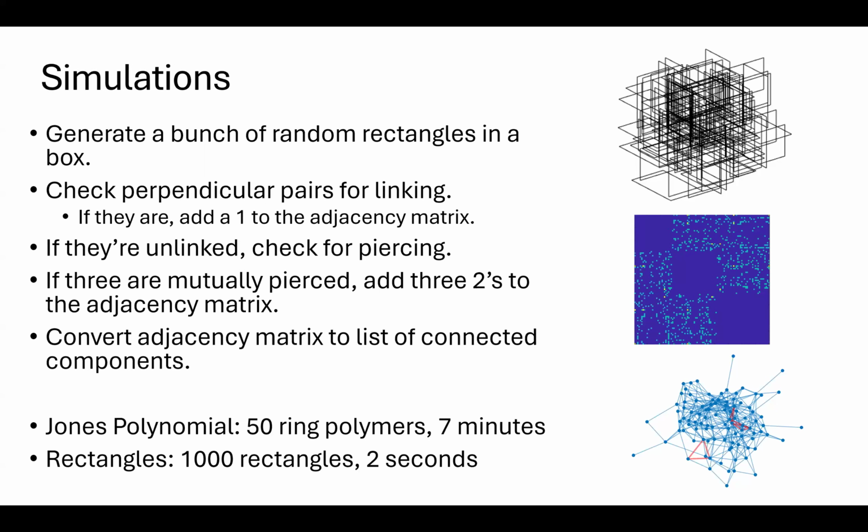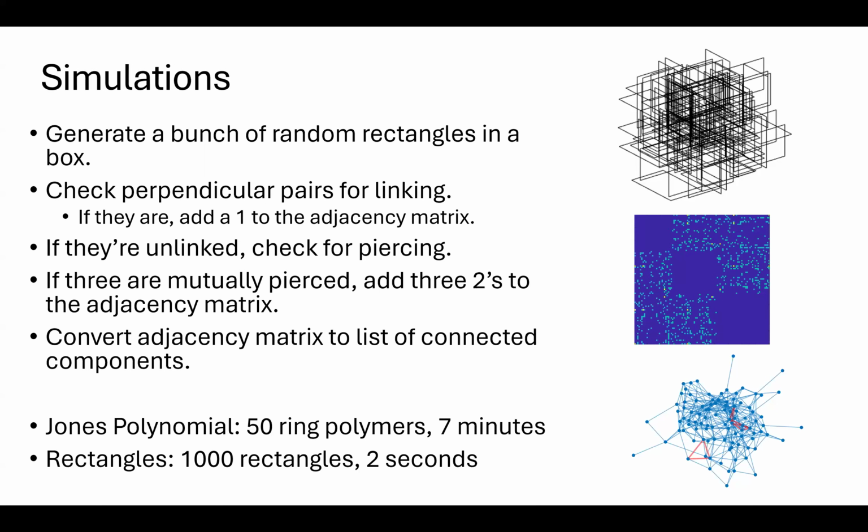All we have to do is generate a bunch of random rectangles in a box and then check every perpendicular pair for linking. If they are linked, we add a 1 to an adjacency matrix. If they are not linked, we see if they pierce each other. And then for every 3 mutually pierced rectangles, we know that's a Borromean link, and we add 3 2s to the adjacency matrix. Then we convert that to a list of connected components.